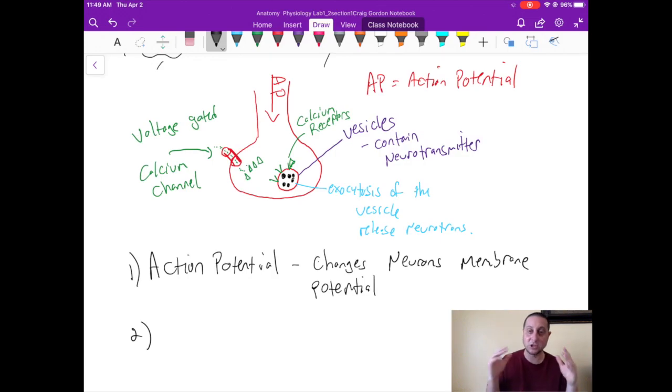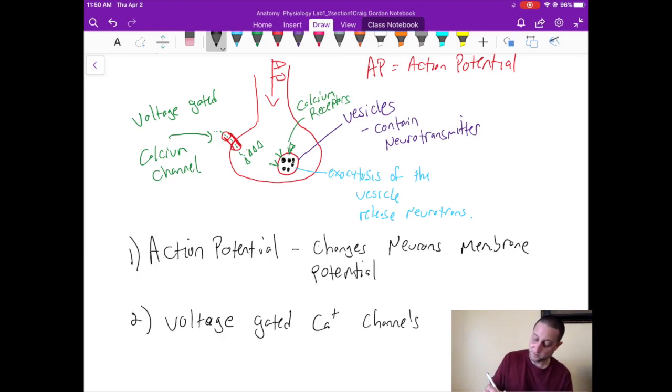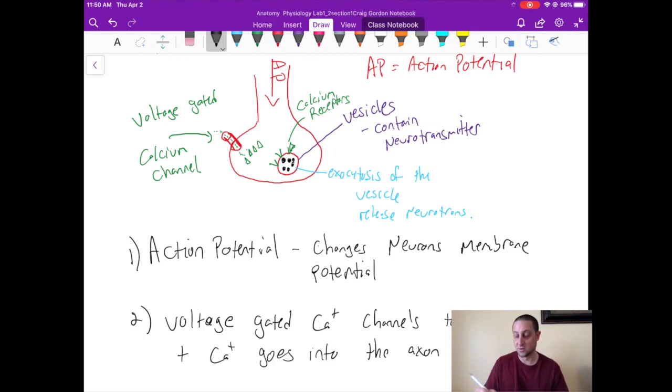Step 2, that change in the membrane potential causes voltage-gated calcium channels, I'm abbreviating calcium, to open, and calcium goes into the axon terminal, or the terminal branch, or the synaptic bulb.